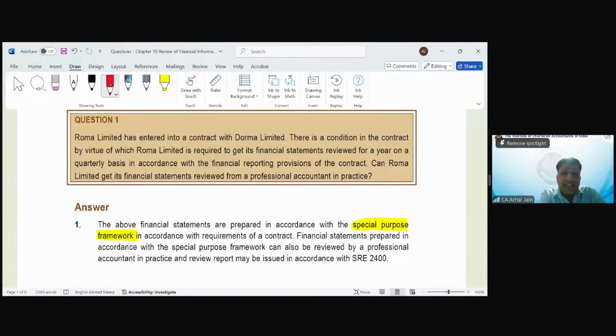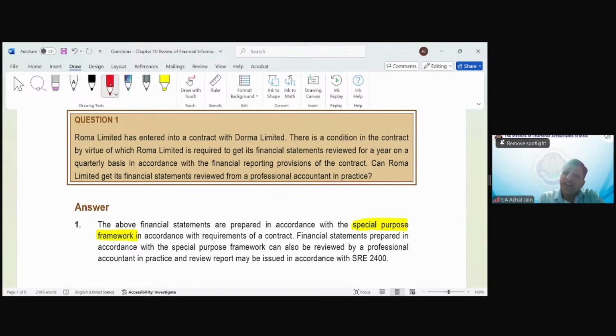Very good. See, in this case, you are not preparing the financial statements as per the statutory requirements. Of course, the company will have to do that, but we are talking about a different requirement. So there's a specific purpose. When you are doing something for a specific purpose which is different from what the statute requires, what do you call it? It's a special purpose.